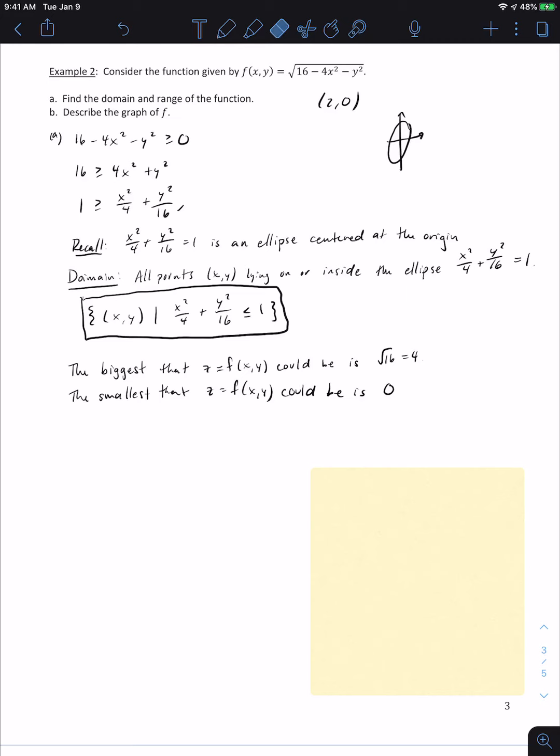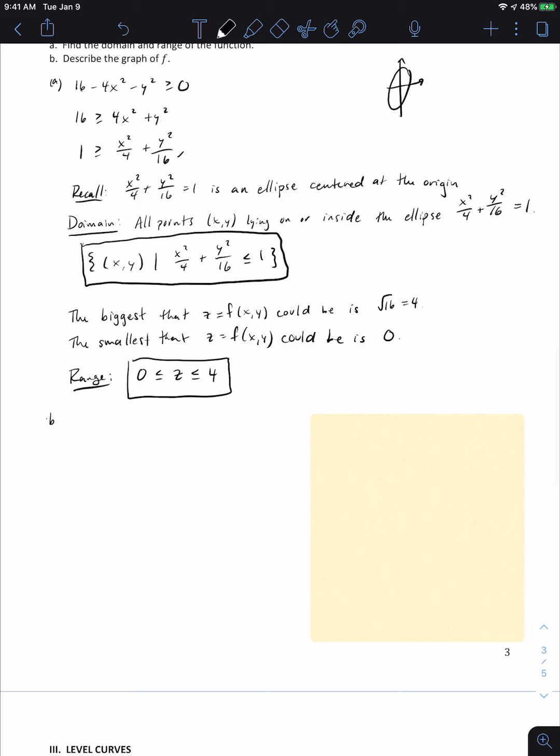I couldn't have anything smaller than 0 because this whole output is a square root, and square roots have to be greater than or equal to 0. You can't take the square root of a number and get a negative. So what does that mean? That means that the range here is going to be 0 less than or equal to z, because the smallest it could be would be 0, and the largest it could be would be 4. So that is my range.